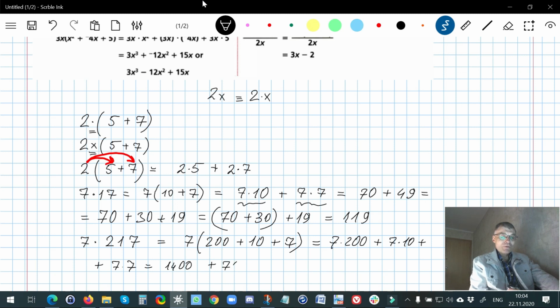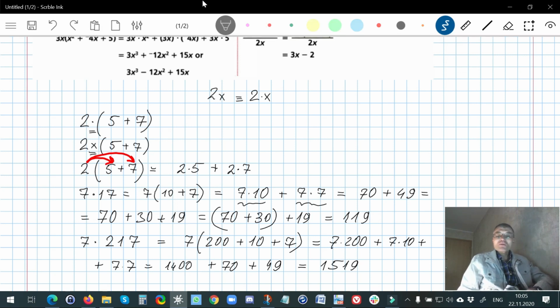Then the second term is 70, and the third term is 49 again. And then we just add. We might add in the same manner, and we get 1519. I even had trouble reading this number. So in some cases those operations make great sense.